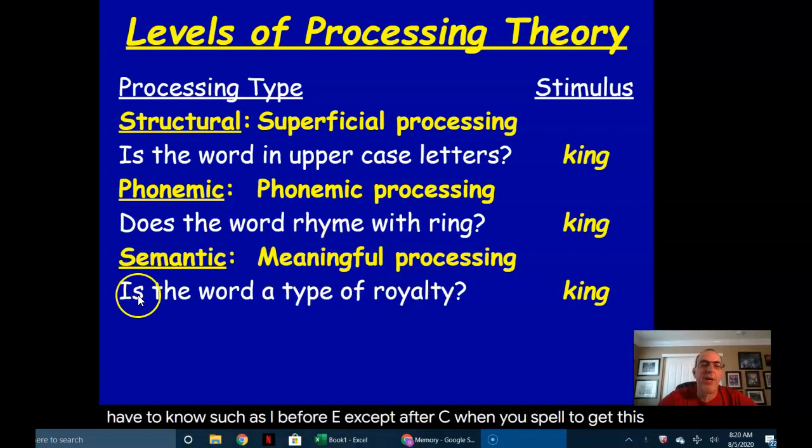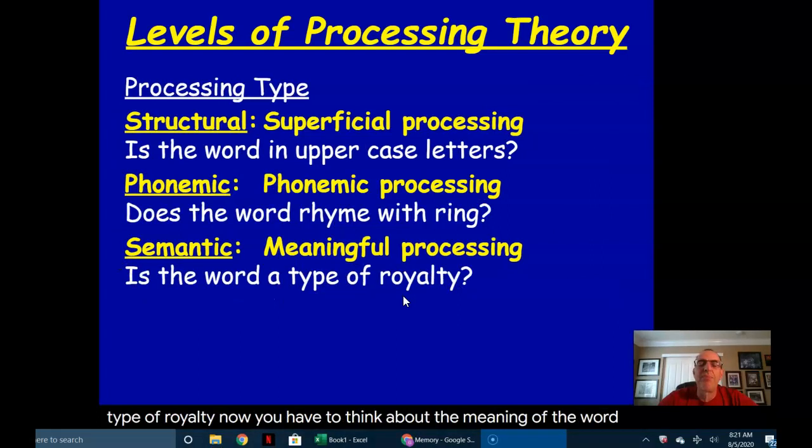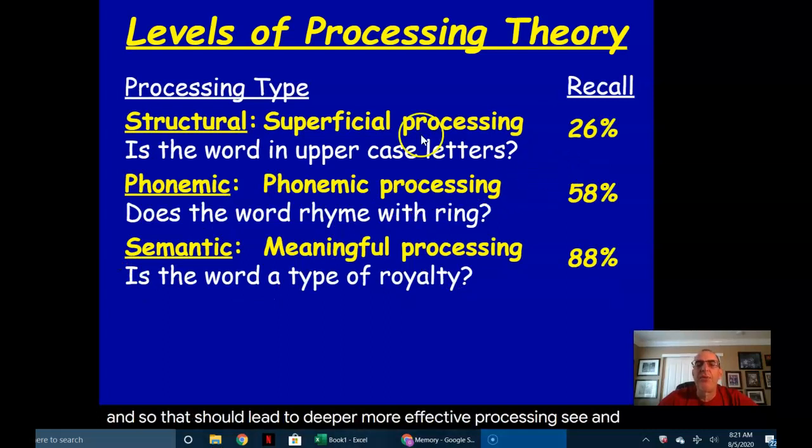And so that's why semantic processing is going to be the most effective way to do this. If I ask you, is the word a type of relative? Now you have to think about the meaning of the word, and so that should lead to deeper, more effective processing. And when you look at the results, you'll see that when it's structural processing, you're at guess rate. If it's a multiple choice test, it's 1 out of 4, which is 25%, which is just guessing.